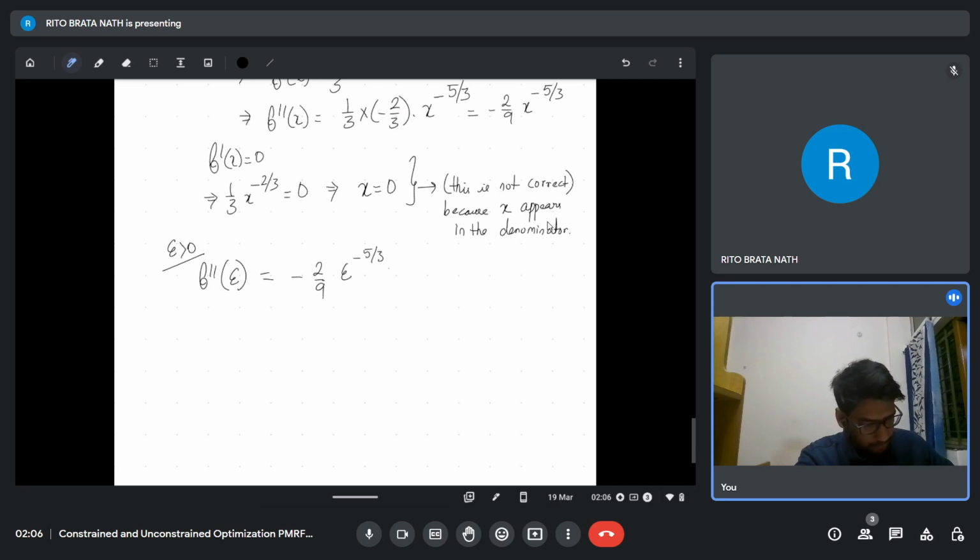So this will be for epsilon greater than 0, right? And you can have another thing, which is also very close to 0. For this one, what you will have is, let me do it this way.